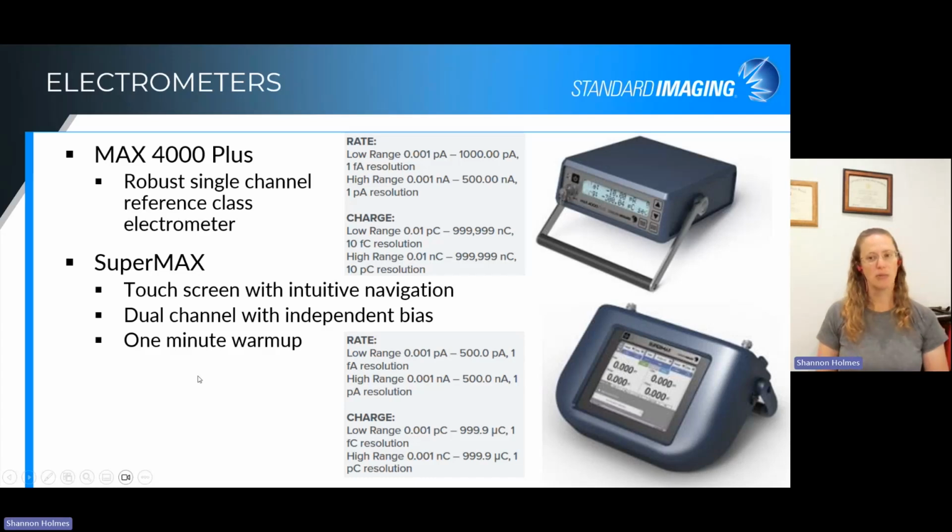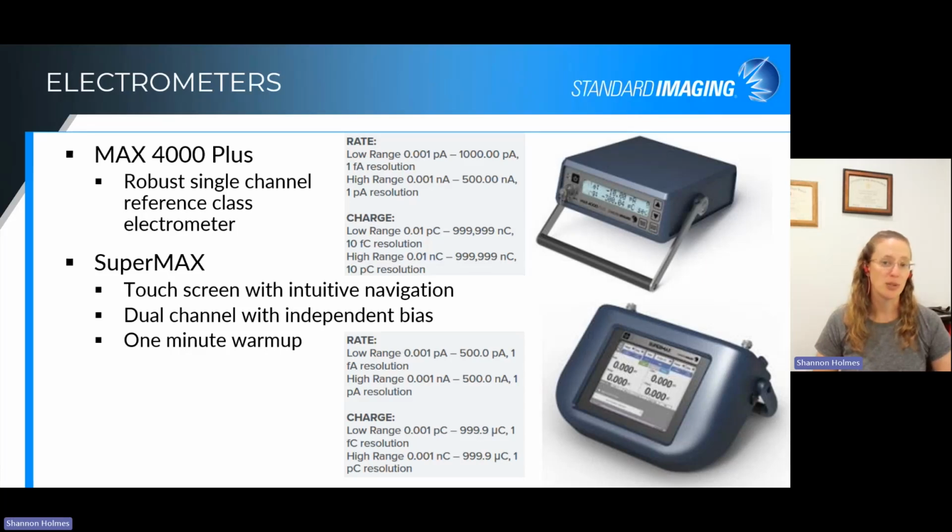If you're making measurements with these small detectors, whether it's the A20 or the A26, you need an accurate electrometer. I'm sure most of you are aware of a very robust workhorse electrometer, the Max 4000 Plus. It has a long history of very happy users across the world.